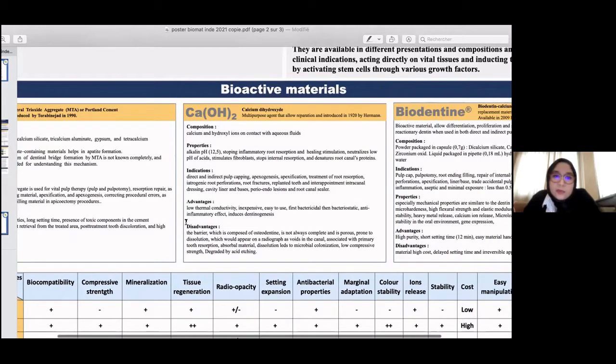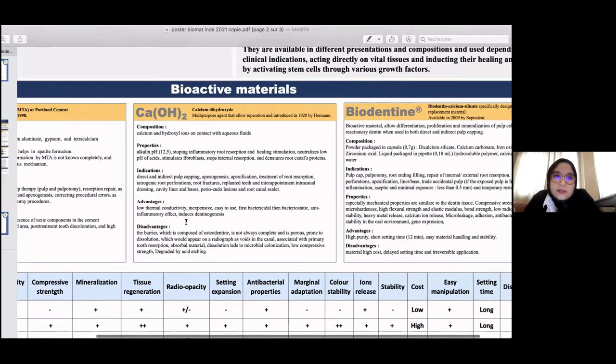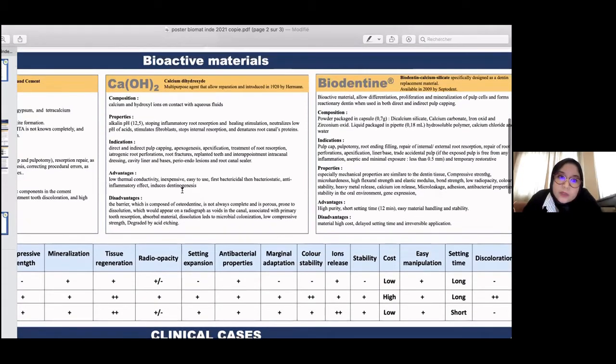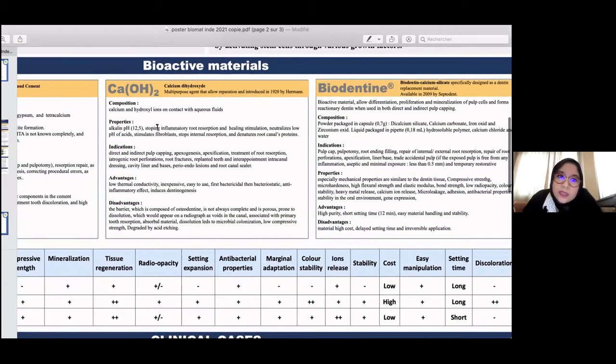The second bioactive material is CaOH, commonly called calcium hydroxide. It's a multi-purpose agent that allows repair, and it was introduced in the 20s by Hermann. It's composed of hydroxyl ions and calcium.